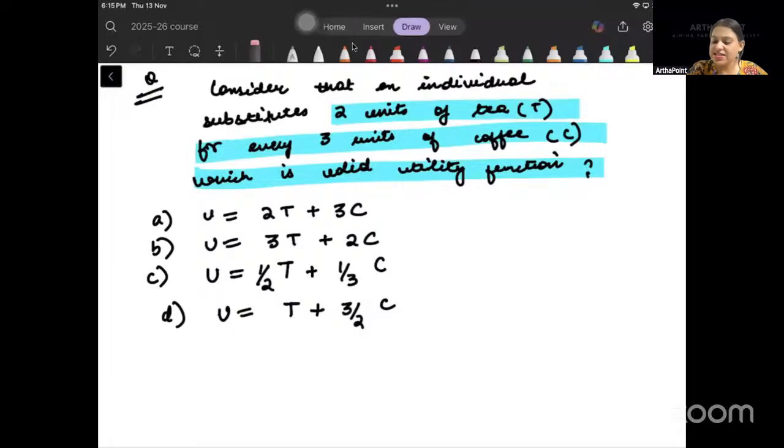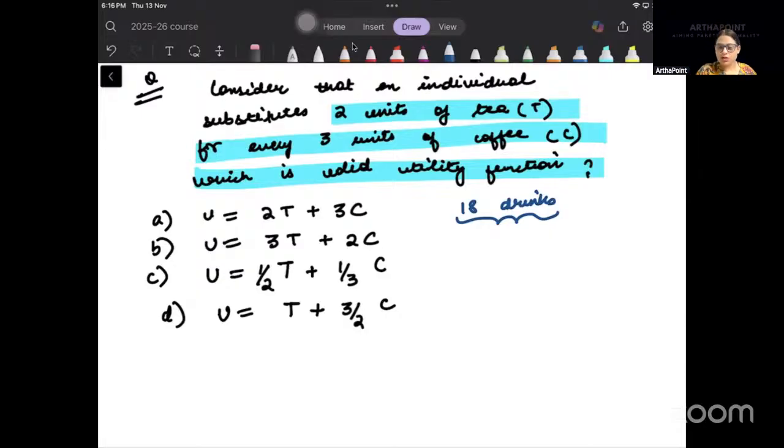So therefore, in this case, suppose I want 18 drinks. I want 18 drinks. Now, how are these 18 drinks possible in a day? It says either 2 units of tea or 3 units of coffee.